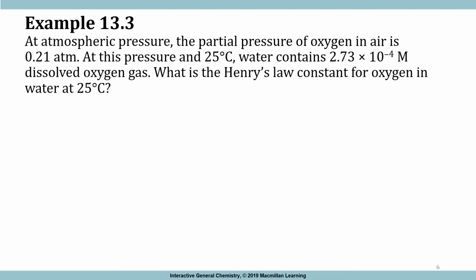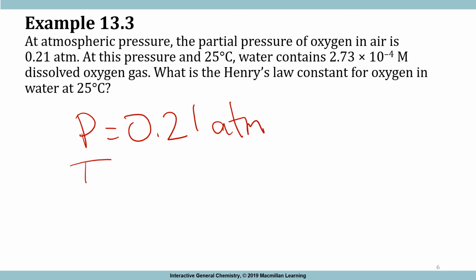Example 13.3 says at atmospheric pressure, the partial pressure of oxygen in air is 0.21 atmospheres. At this pressure and temperature, water contains 2.73 times 10 to the minus 4 molar dissolved oxygen gas.